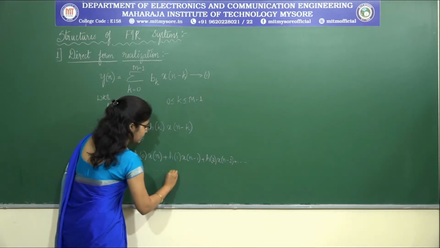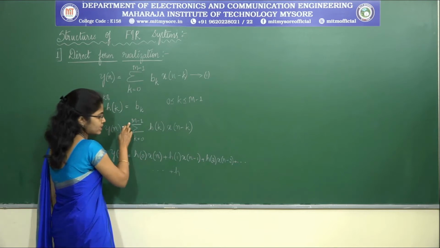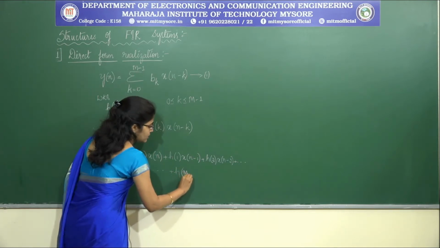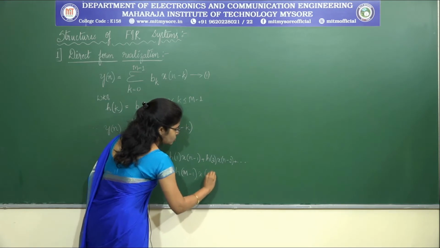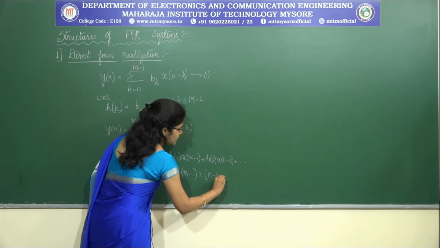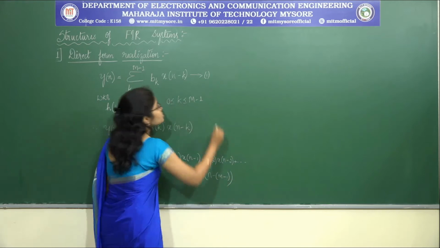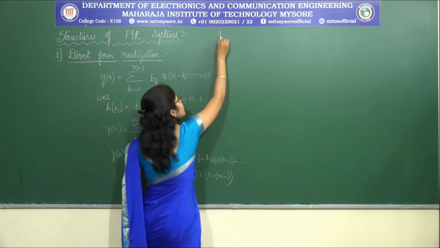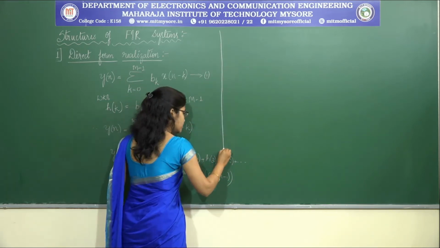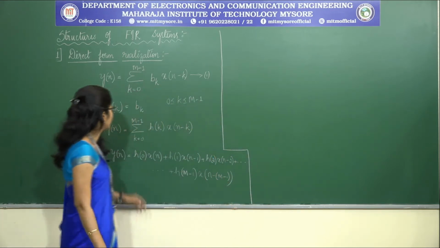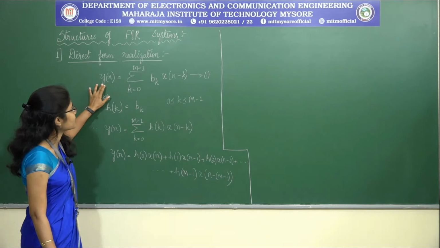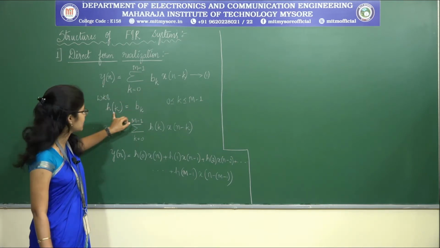Similarly, up to the last value, which should be m minus 1, so it is h of m minus 1 into x of n minus m minus 1. This is the equation which we obtain by simplifying the equation of y of n by substituting bk as h of k.